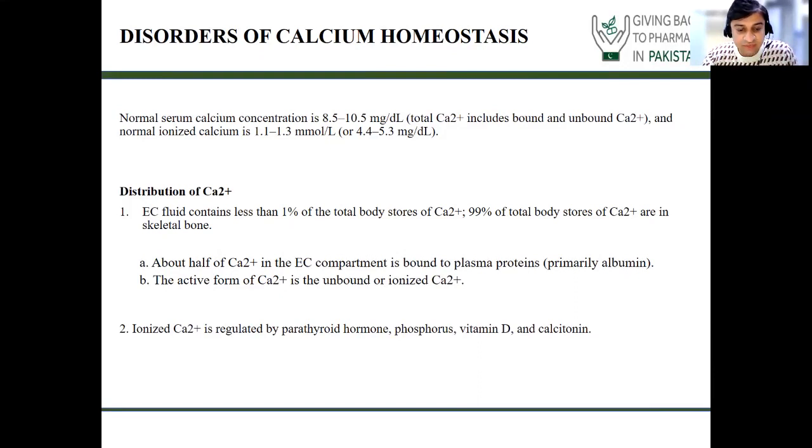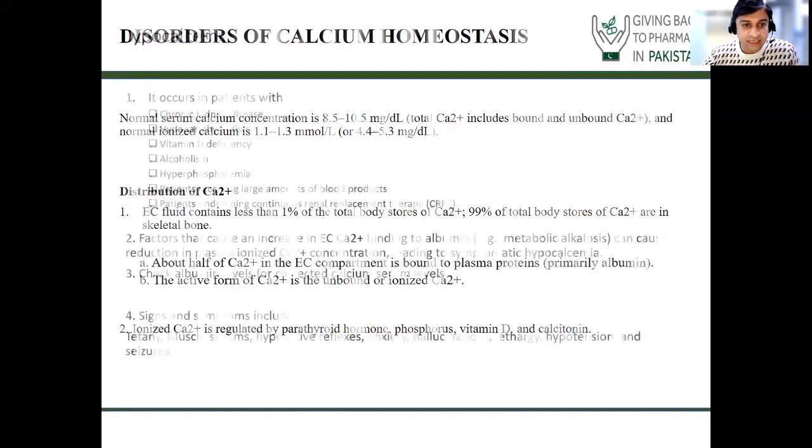The active form of calcium is the unbound or ionized calcium, which is not bound to albumin. Ionized calcium is regulated by parathyroid hormone, phosphorus, vitamin D, and calcitonin. So always try to remember all these factors when we are going to interpret the calcium levels in any patient.